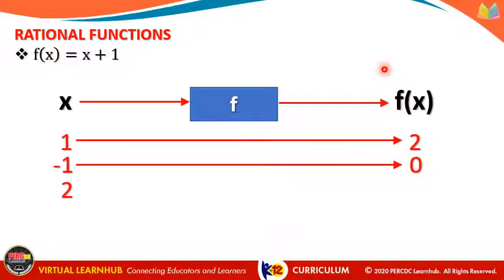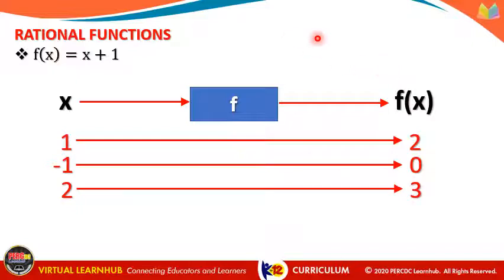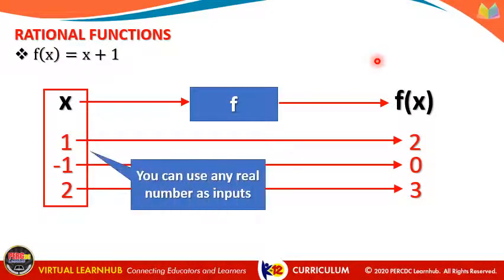If x is 2, ang lalabas na sagot is 3. Tapos, di ba, nalaman natin na kahit anong real number, pwede mong gamiting inputs sa function. Therefore, the domain of this function consists of all real numbers.